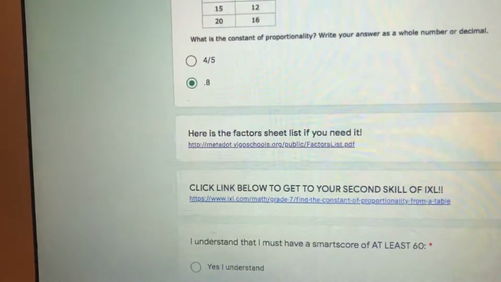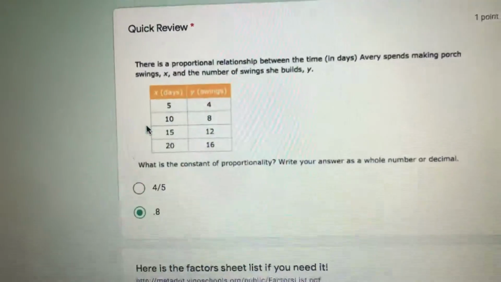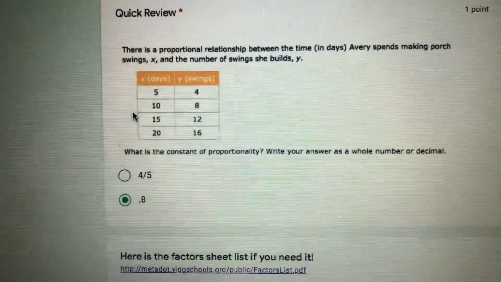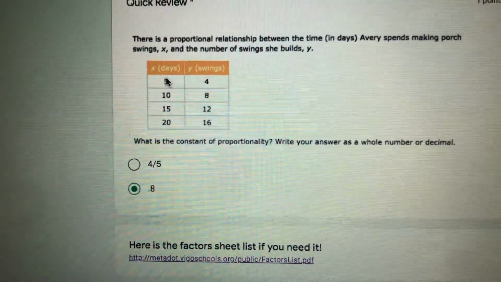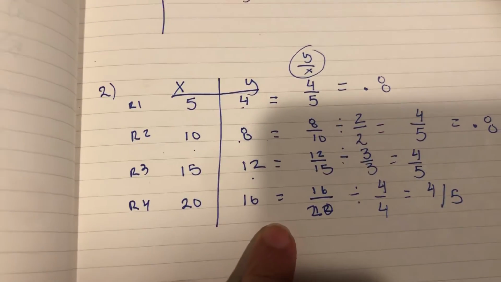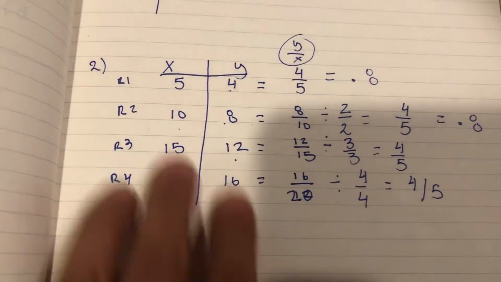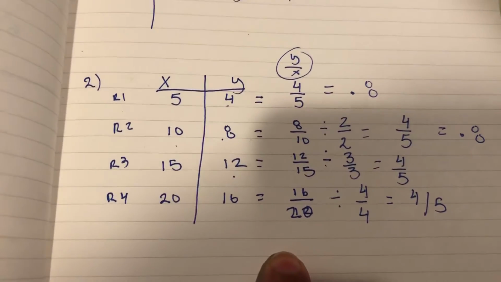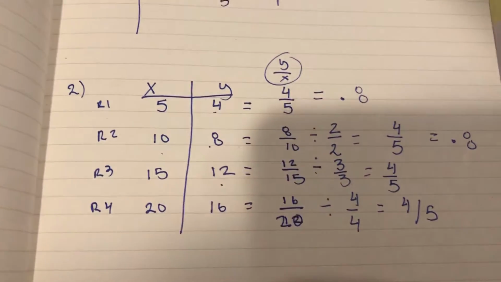So if I'm showing my work for a problem just like this one, you will see this on IXL. Y over x is going to be a number that's smaller than 1. So I wrote it down over here. You would write your table, set it up as y over x for each one, and simplify.